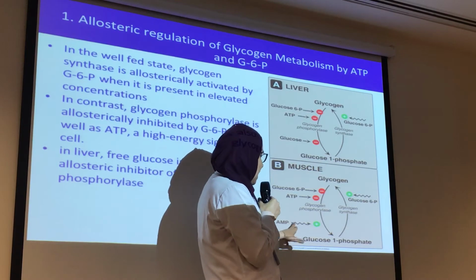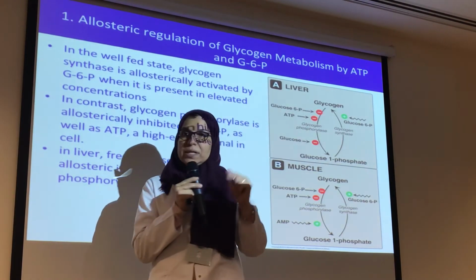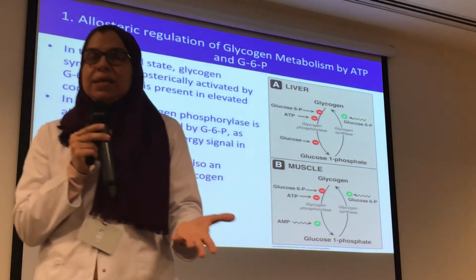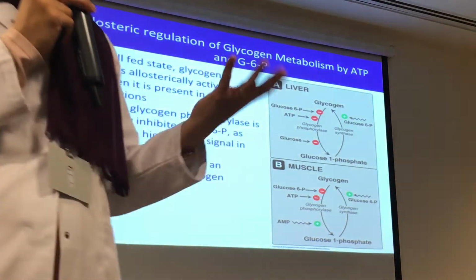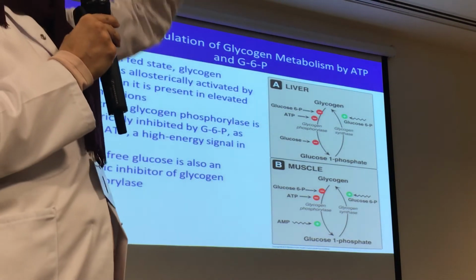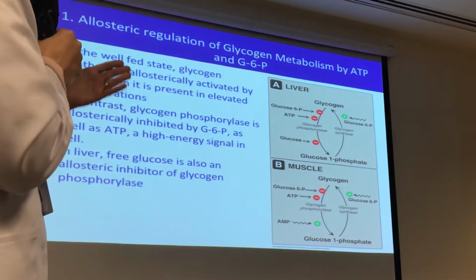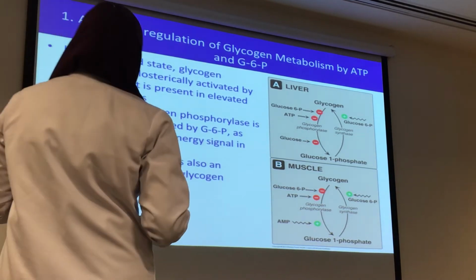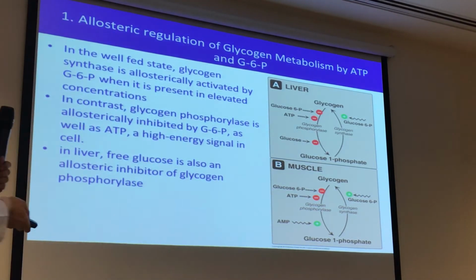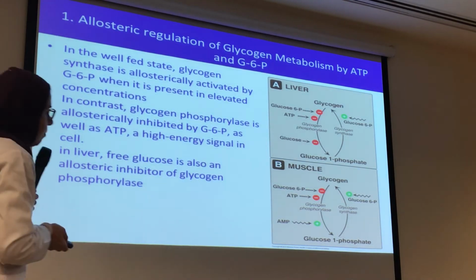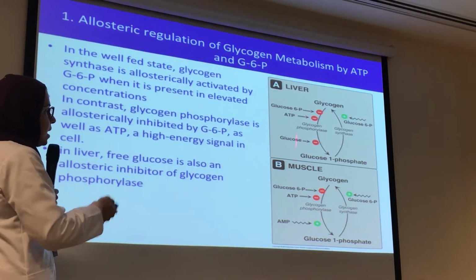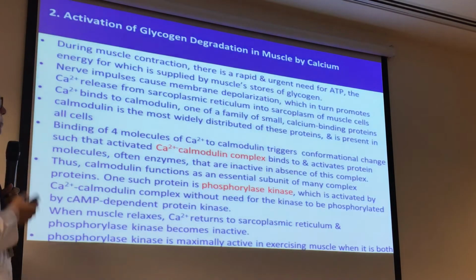Also, AMP in our muscle will signal a low energy state. It means we are running low on ATP. When we have high AMP, we need to break that glycogen. So this is allosteric control of glycogen metabolism by energy level in the liver and in the muscle.